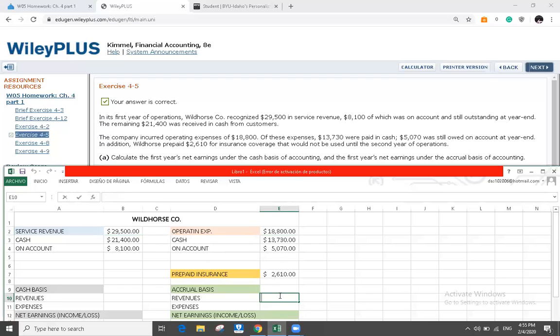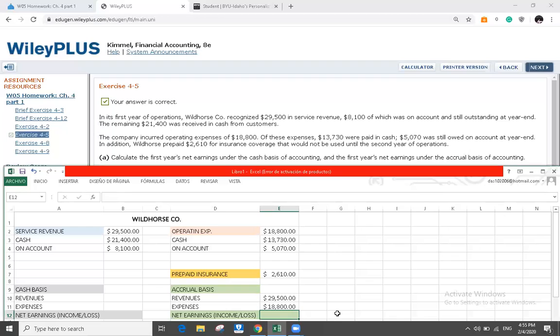So revenues will equal cash and on account amounts, which gives me the same amount here as I have in service revenue. And the expenses, I'm just going to put cash plus the amount I have on account, which will be the same as I have in operating expenses.